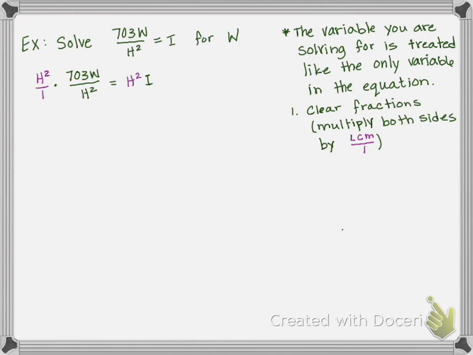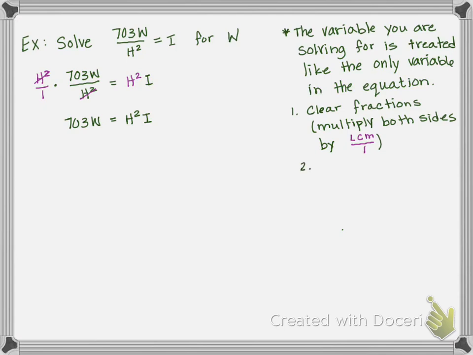Sometimes it's a bunch of them, like x, y, z would be your LCM. Here we're going to cancel our h squared, and we get 703w equals h squared times I.